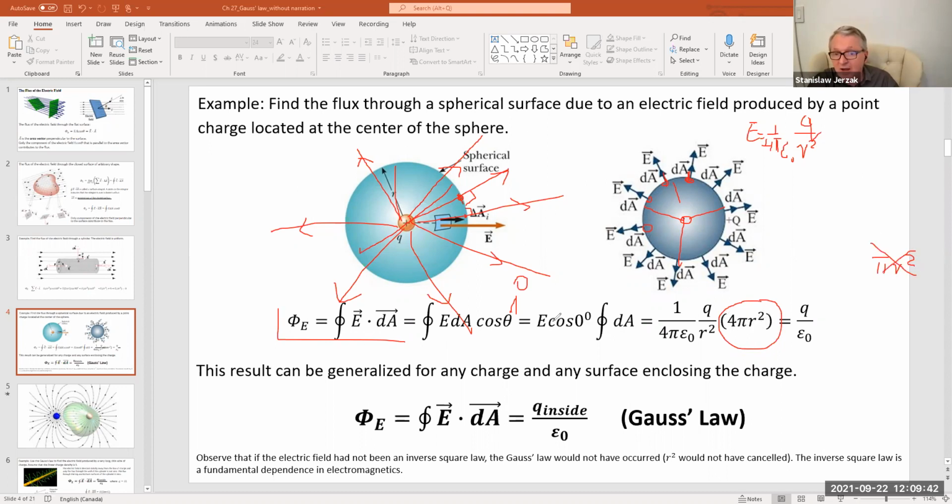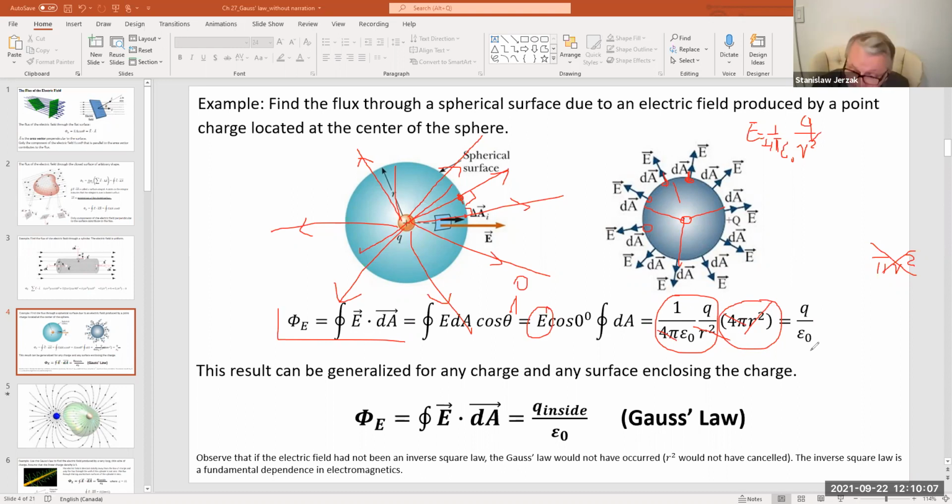So here I substituted for the electric field due to the point charge, which is Q divided by 4 pi epsilon 0 r squared, and the area is 4 pi r squared. As you see, r squared cancels, 4 pi cancels, and the total flux is equal to Q divided by epsilon 0.